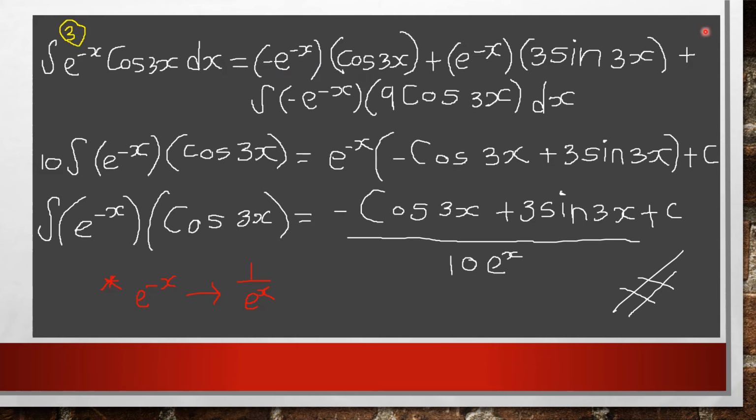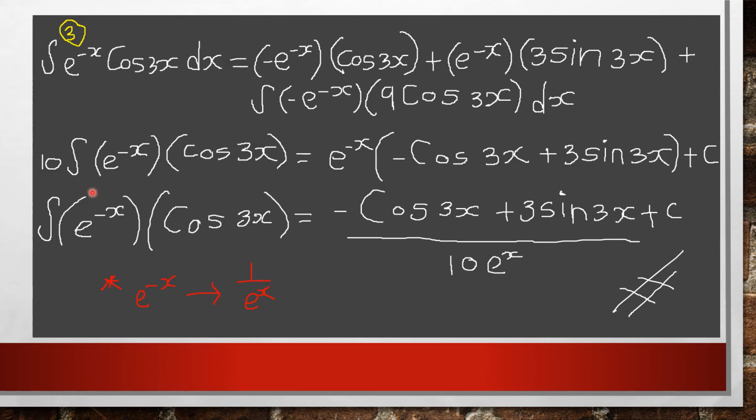Now you can factorize this one. So you can take that e to the power of negative x out of the bracket, and negative cos 3x plus 3 sin 3x will be left here. And don't forget to put the c. Now you can solve this equation.